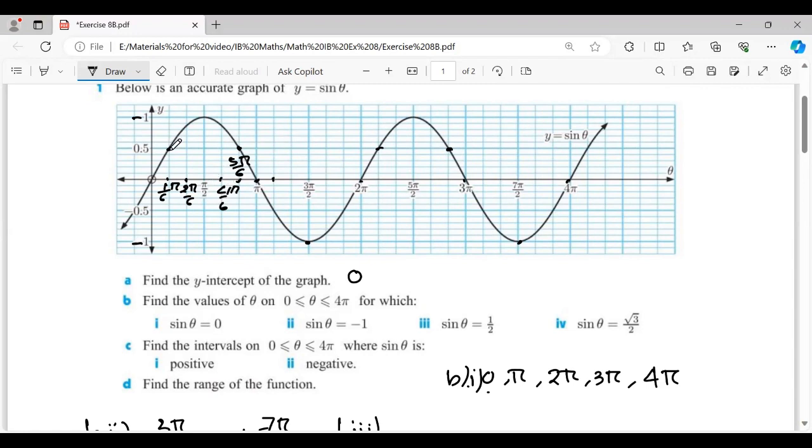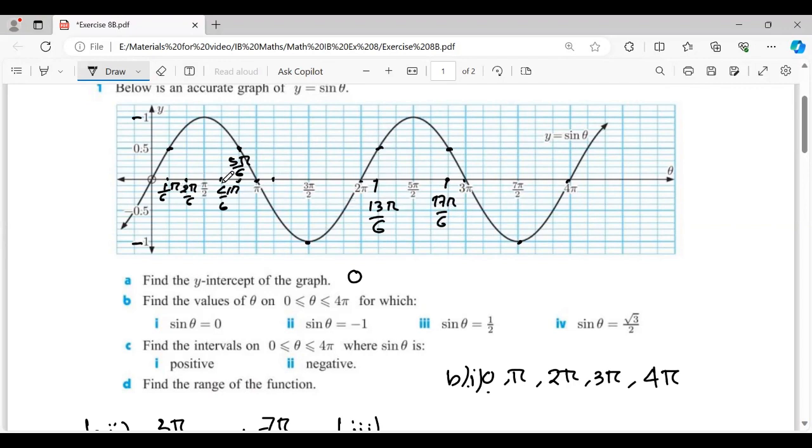Now identify this one. This is pi over 6. This is 5 pi over 6. And this one, if this is 12 pi over 6, it means this is 13 pi over 6, then 14, 15, 16, 17, and this one is 17 pi over 6.